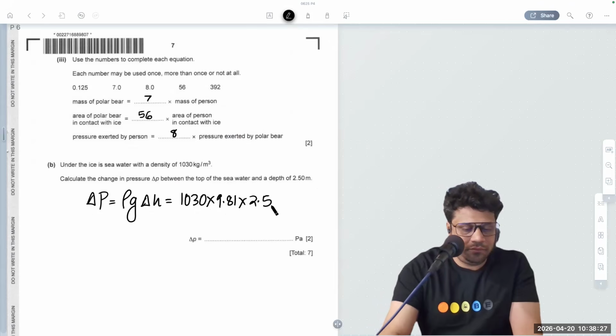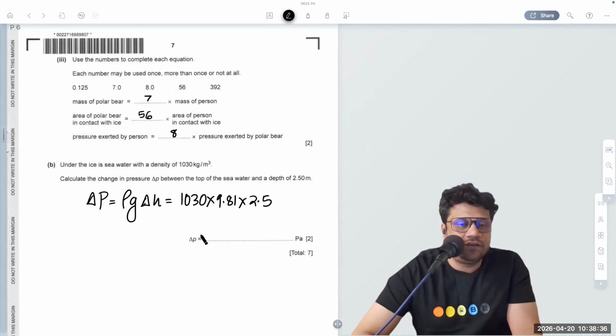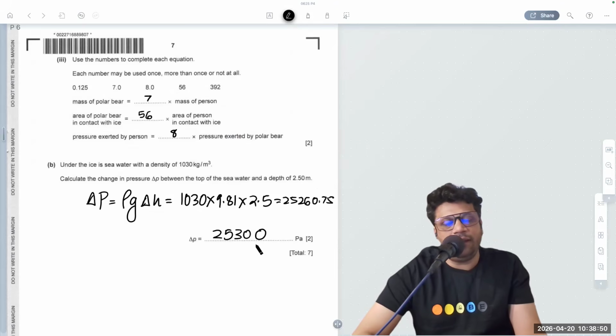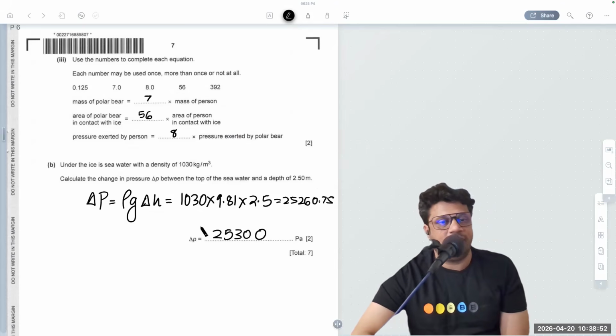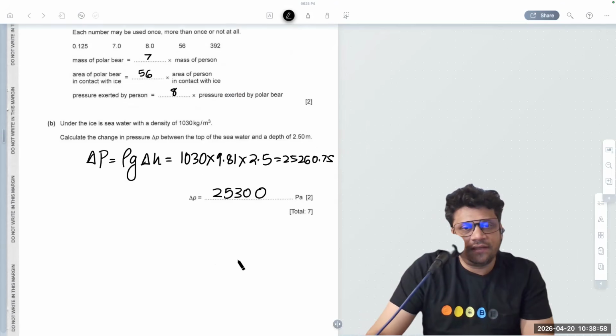So you go 1030 into 9.81 into 2.5, which is 25260.75, and I can write it as 25300 pascals. I try to be around 2 to 3 significant figures.